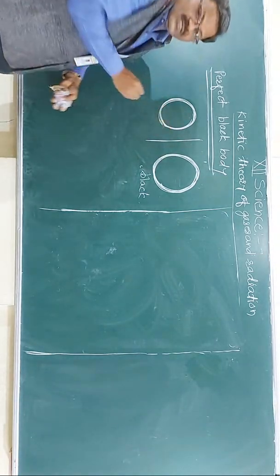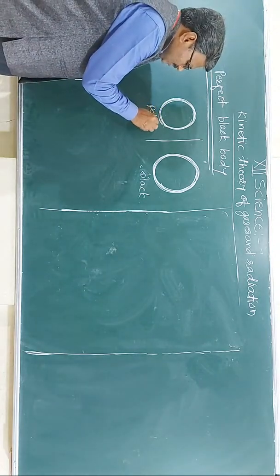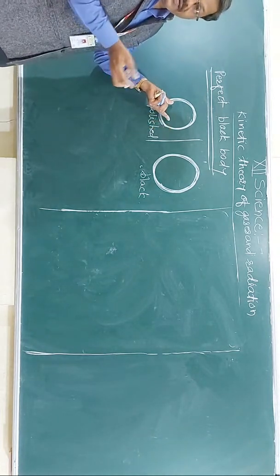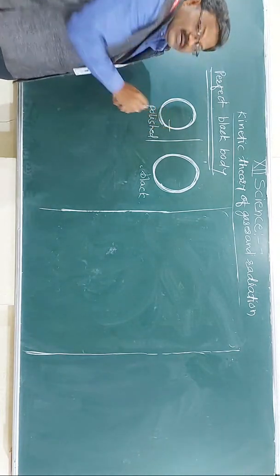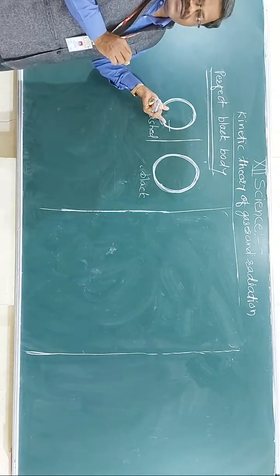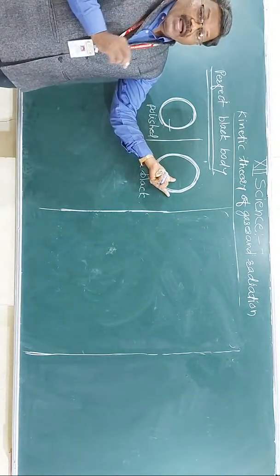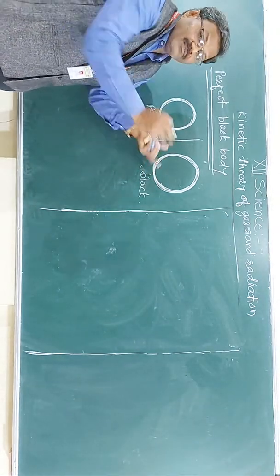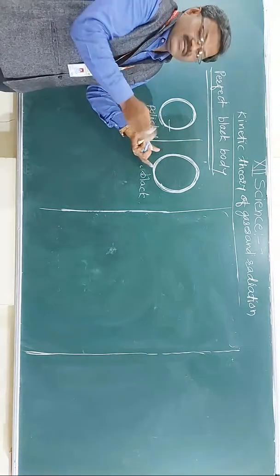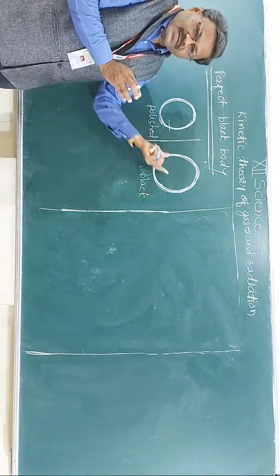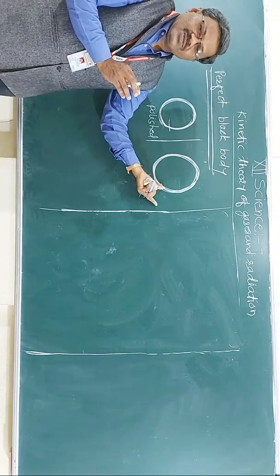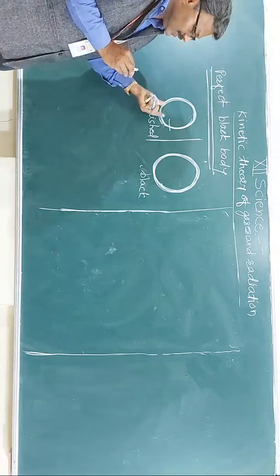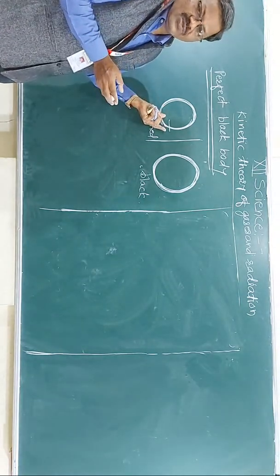In case of the polished surface, it absorbs less energy. Therefore, emission is also less. In case of the black painted body, it absorbs more energy. Therefore, it emits more energy. Absorption is more, therefore emission is also more. And in this case, absorption is less, therefore emission is also less.